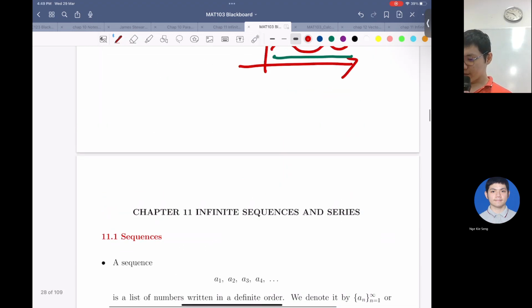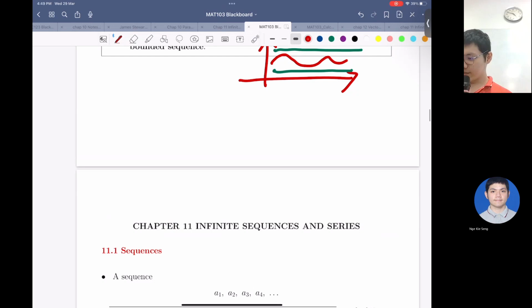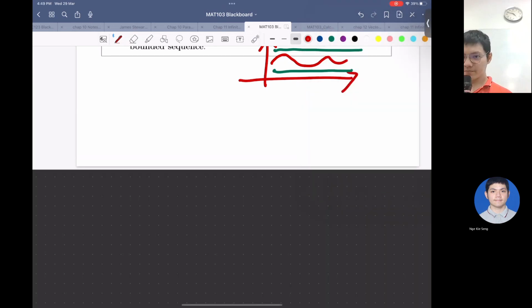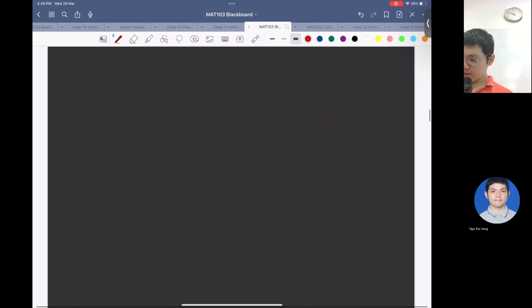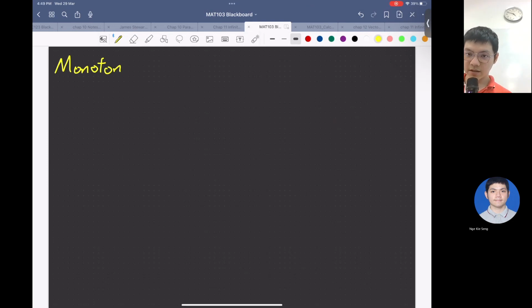But today I will stop at one theorem here. I want to stop at one idea and then we can go home. It's the monotonic sequence theorem. I want you to think at home about this.